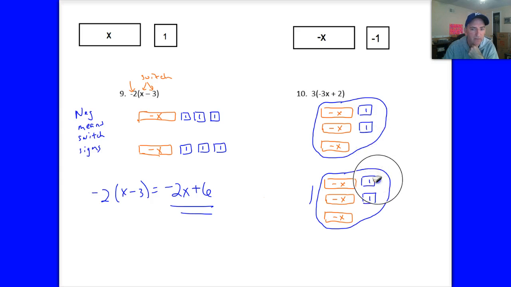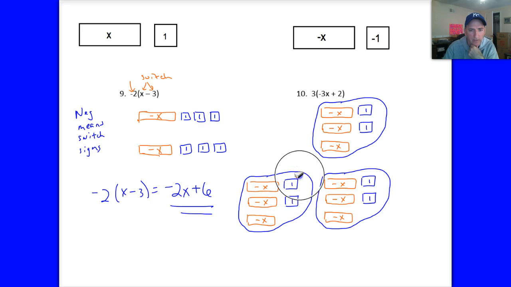So far that's negative 6x plus 4. And the last group. All right, so count up your red x's, and the final answer is 3 times negative 3x plus 2 is equal to negative 9x plus 6. Voila! Easy. Okay, bring those notes to class because this is what we're going to do when I see you next.